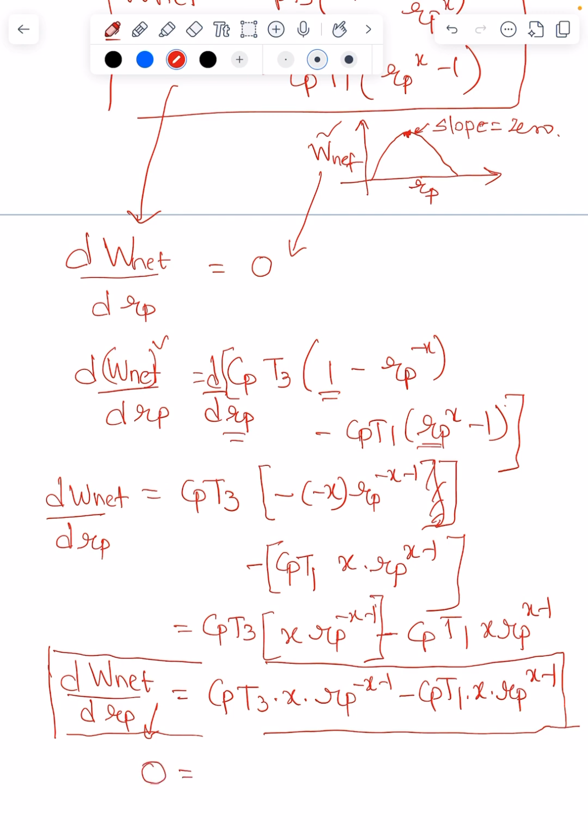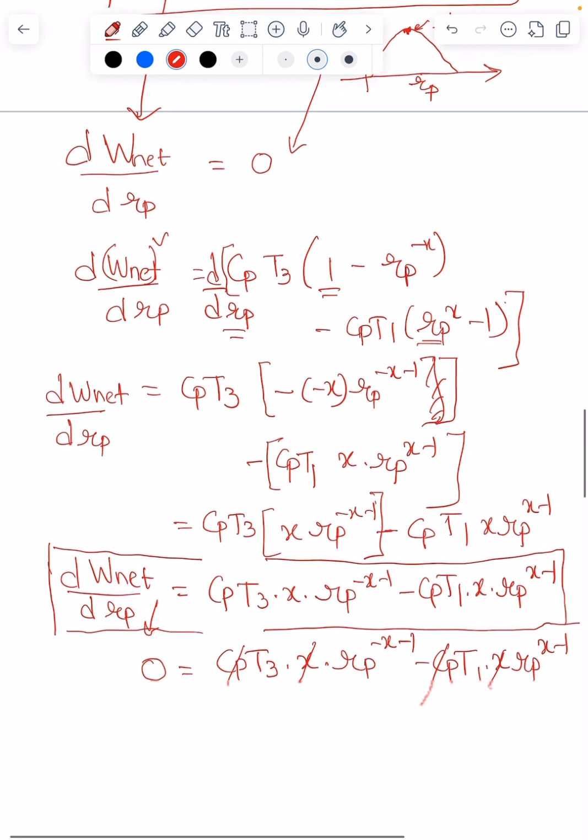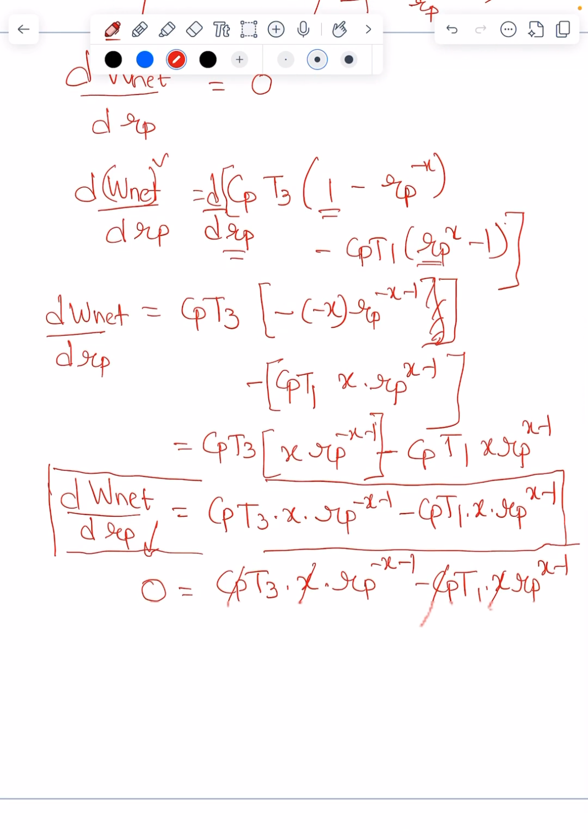So 0 is equal to Cp T3 into x into Rp raised to minus x minus 1 minus Cp T1 into x Rp raised to x minus 1. So you see the Cp terms would cancel off, this x would cancel off, and what we will be left with is, solve this for yourself and check.